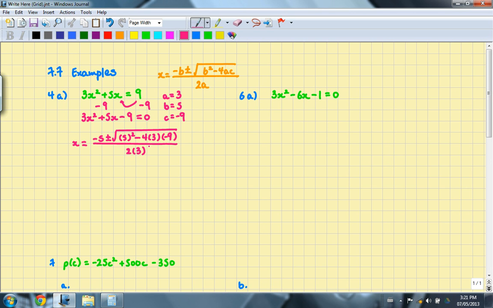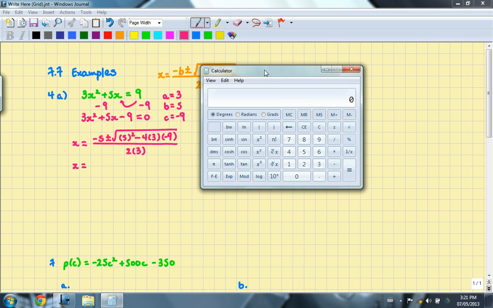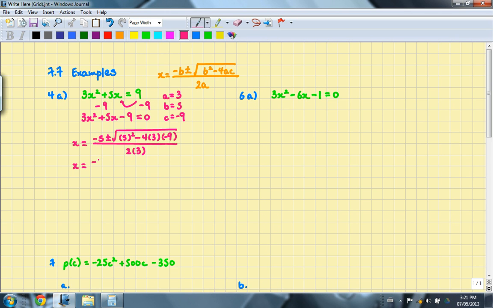A calculator is very helpful for evaluating the individual parts, of course. So here's my calculator. So I have 5 squared minus 4 times 3 times negative 9. That's going to be giving me 133. So I have negative 5 plus or minus the square root of 133, and this will be all over 6.